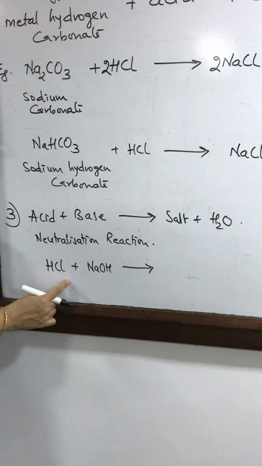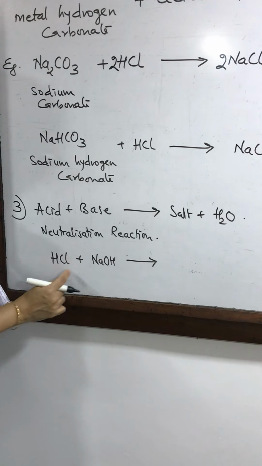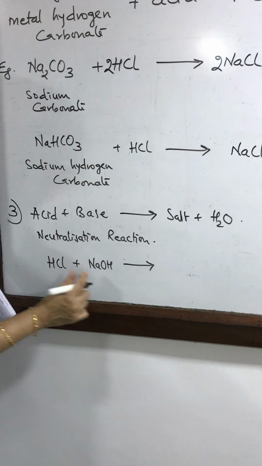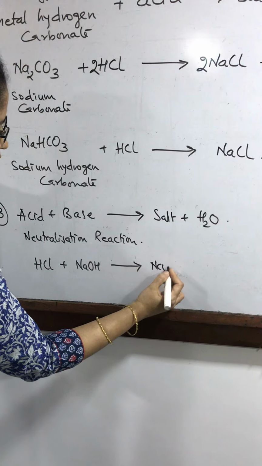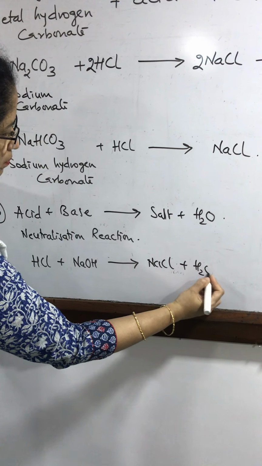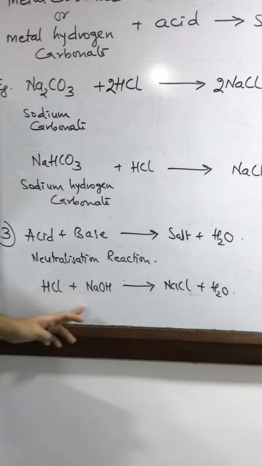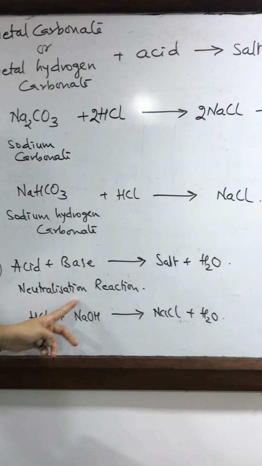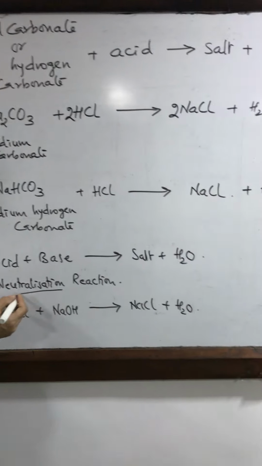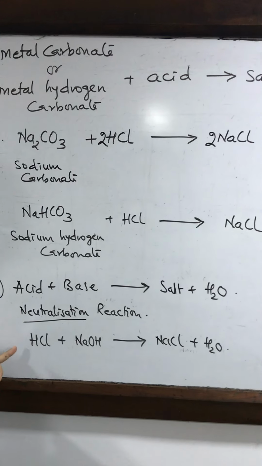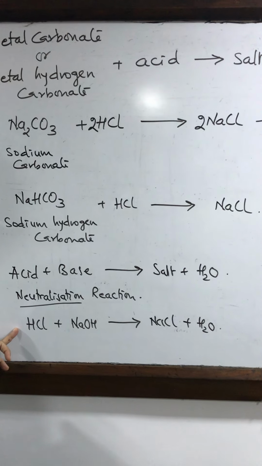Then the salt obtained will be written by double displacement reaction, sodium chloride, and we'll get water. So when an acid and base combine, their effects get neutralized and you will get salt and a neutral solution, and therefore this reaction is called neutralization reaction.